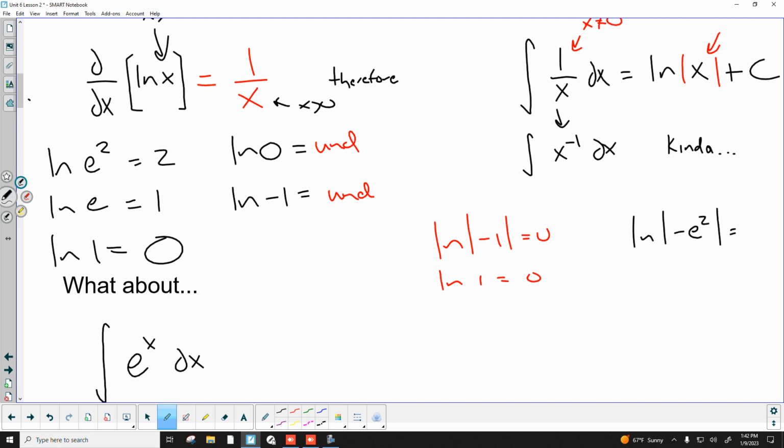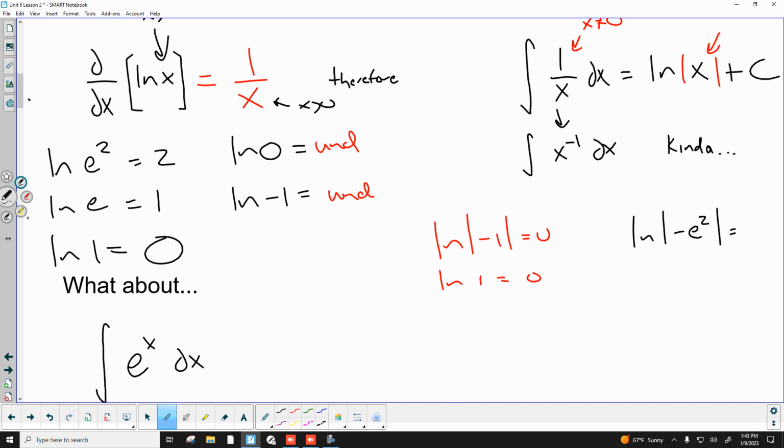Tell your neighbors what you think that is. What's the natural log of the absolute value of -e squared? Some of you will be wrong, and that's okay. So it's just 2.